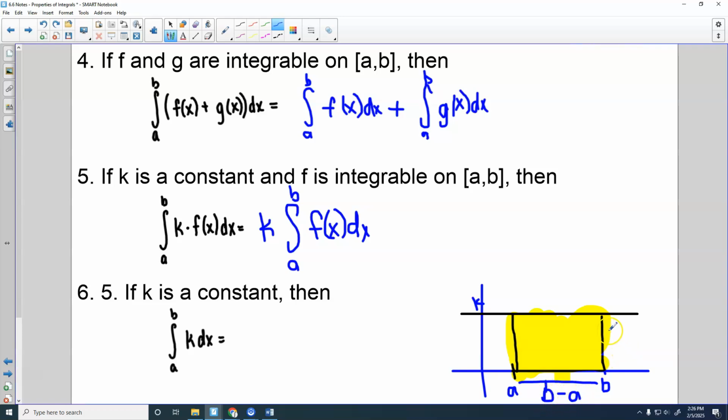Okay, what's the height? It is k. What would the area of that be? Good. I'm going to write it this way. I'm going to do k times (b minus a). b minus a will have to be in parentheses here. So it's just like the length of your interval multiplied by that constant, because it's just going to be a rectangle.